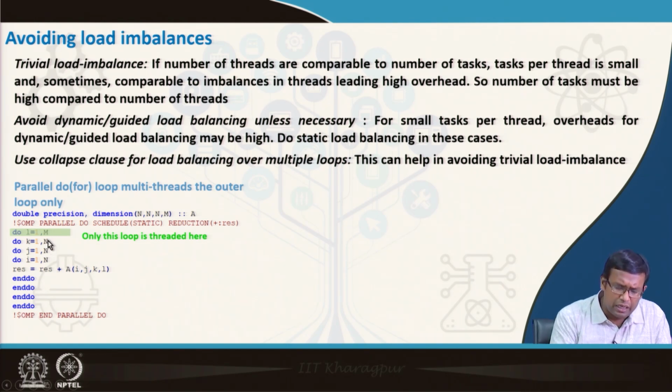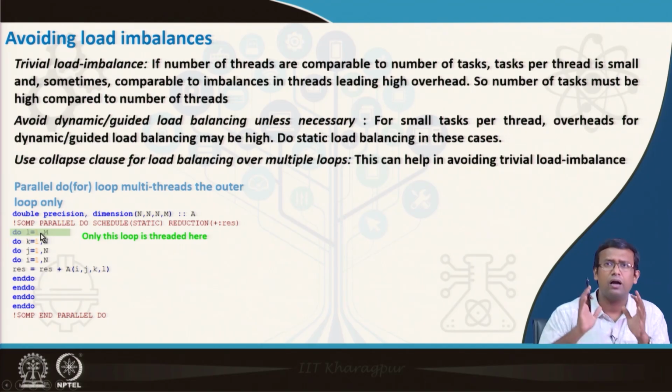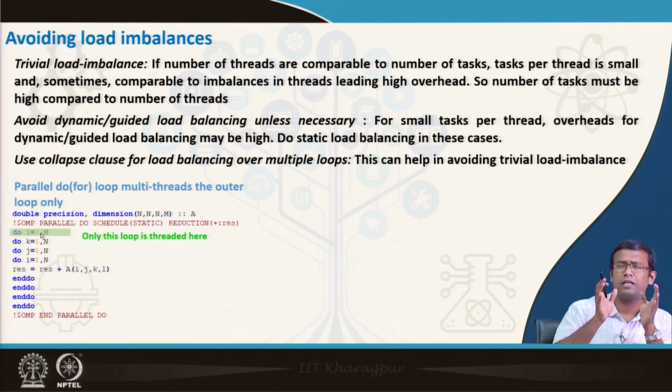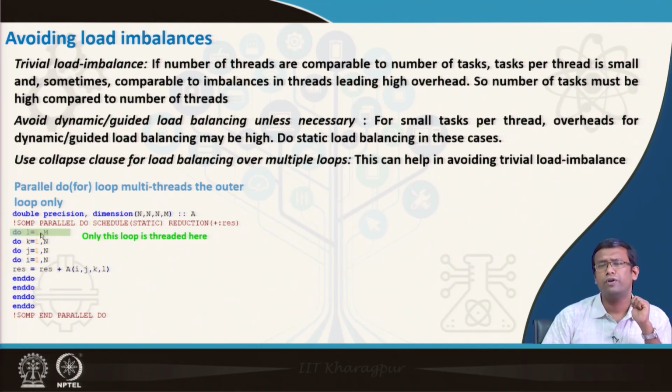Now, here the range 1 to m may not be a very high number, it can be small, say m is 10, and 1 to n is also 10. Therefore, there will be a total of 10 to the power 4 iterations. However, if we try to parallelize it, each thread will get a fixed load on the outer loop, which can give a small number of tasks to each thread.